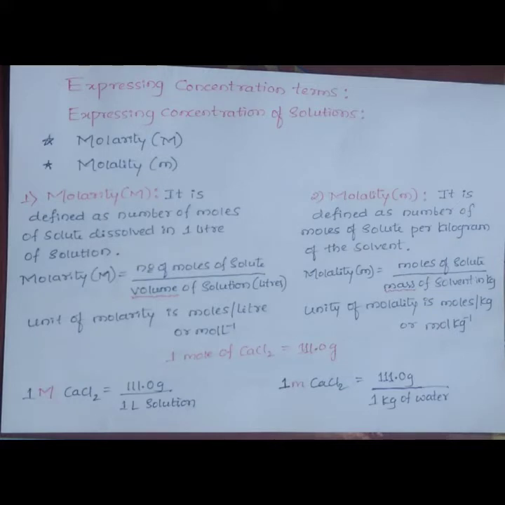It is defined as the number of moles of solute per kilogram of the solvent and is calculated by moles of solute upon mass of solvent in kg. The unit of molality is moles per kg. So this is how we define molarity as well as molality.